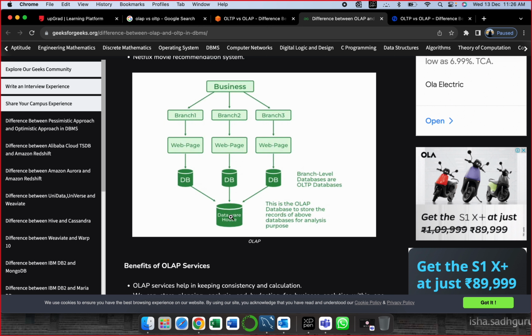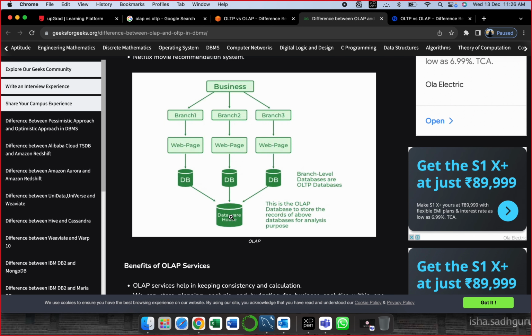I remember one of my students asked me, sir, while creating the database, can we mention that it is an OLTP database or an OLAP database? No. A database is a database. The rules for creating the database remain the same for both. It is how you are using it. If you are using it in real time, it is OLTP for you.